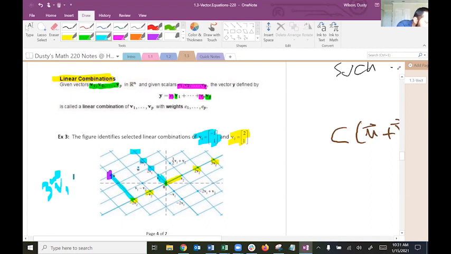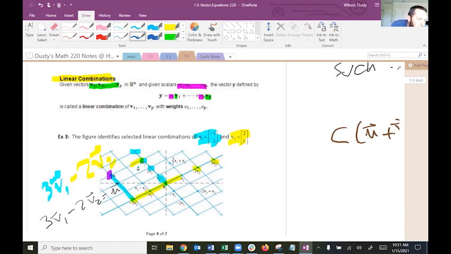And then, well, I guess you could do it this way, minus 2 V2s. Oh, writing in yellow doesn't work very well. Equals U, something along those lines.